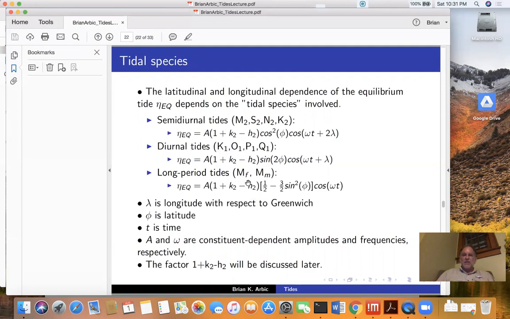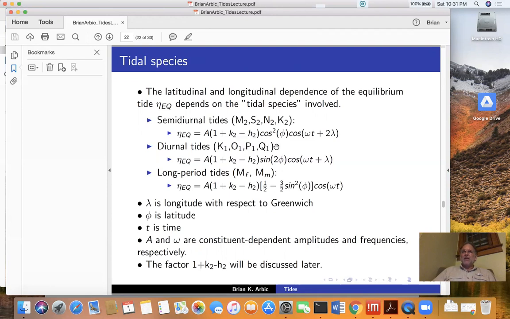And 1 plus K2 minus H2 depends on the frequency, but it's around 0.7 for almost all the major tides. That means that if the Earth was perfectly rigid and didn't do this, then the ocean tides would actually be about 30% larger than they are.